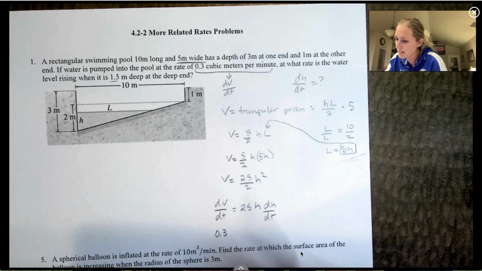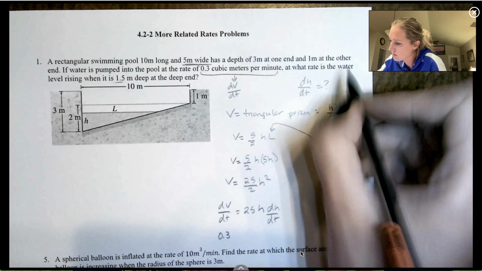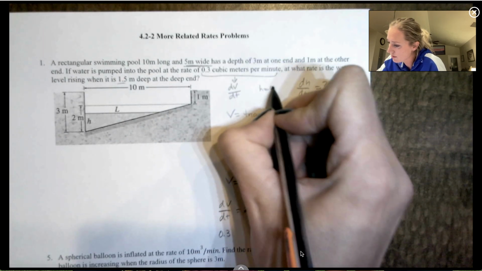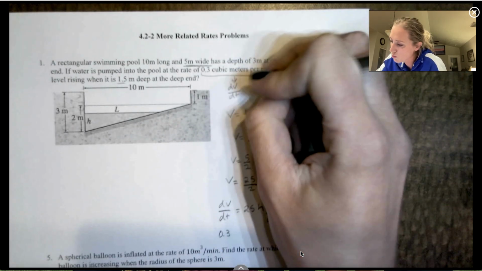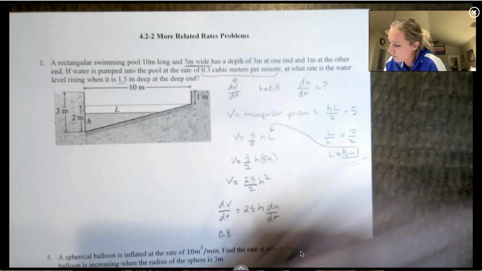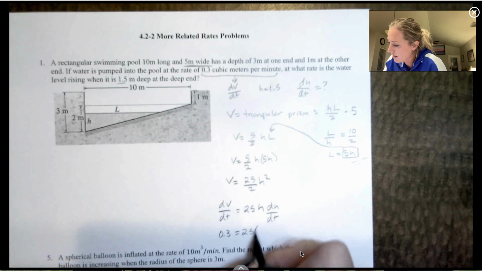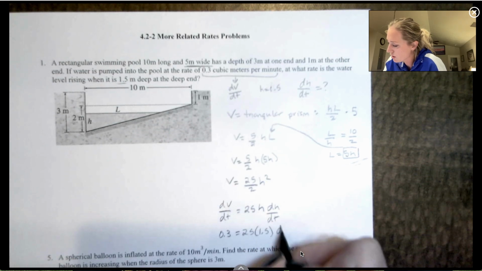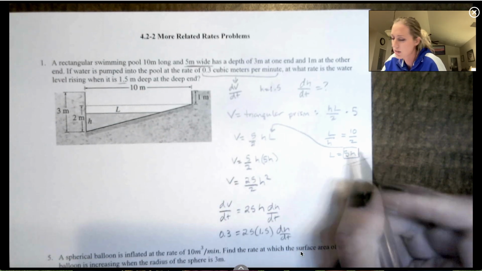The height at which our instant we're caring about is 1.5. So I'm going to plug in 25, 1.5, and then we're looking for dH/dt.